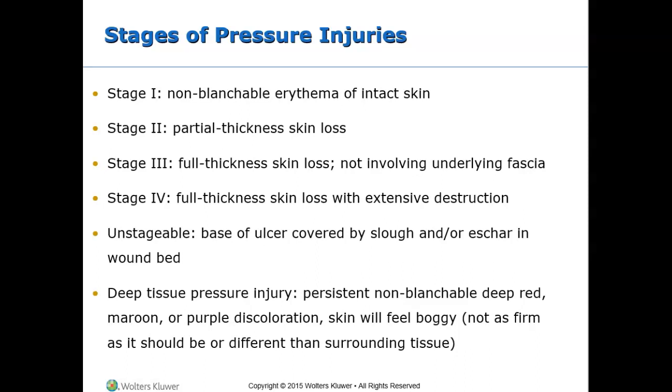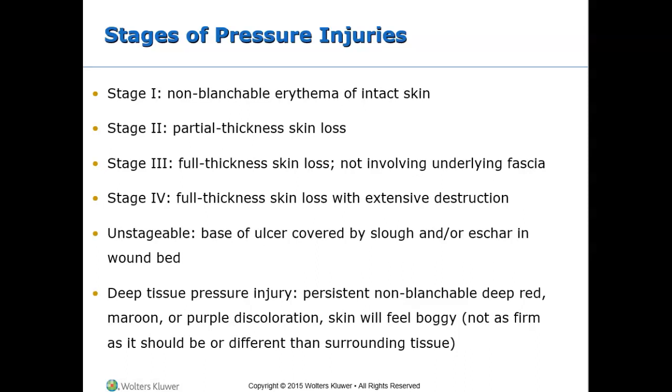You can also have a suspected deep tissue injury that has an area of skin intact, but it is discolored. It can be purple or deep red, and it usually feels boggy, or it has a blister covering it. An unstageable pressure injury involves full thickness skin loss, but you cannot view the base of the wound. So full thickness skin loss, but you cannot view the base of the wound.